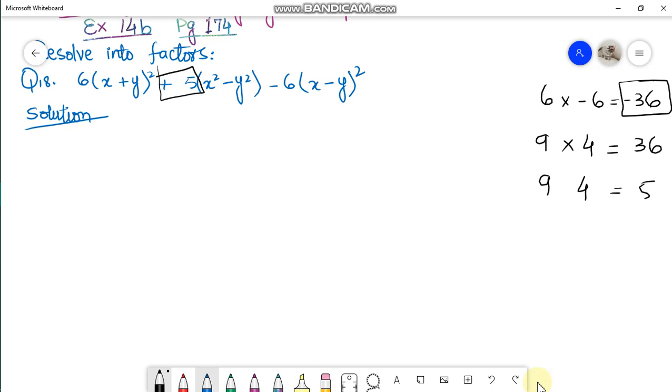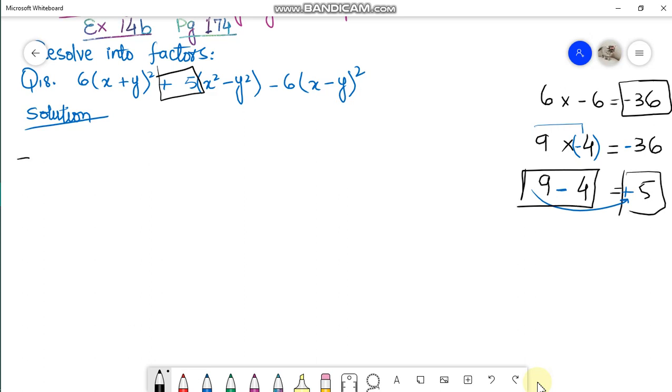So I will adjust the sign: positive 9 minus 4 will give you positive 5, because the sign of the bigger digit is considered during addition and subtraction, and in multiplication we multiply the signs. Plus minus minus will give you minus 36. Now I can write positive 9 and negative 4 in place of positive 5.